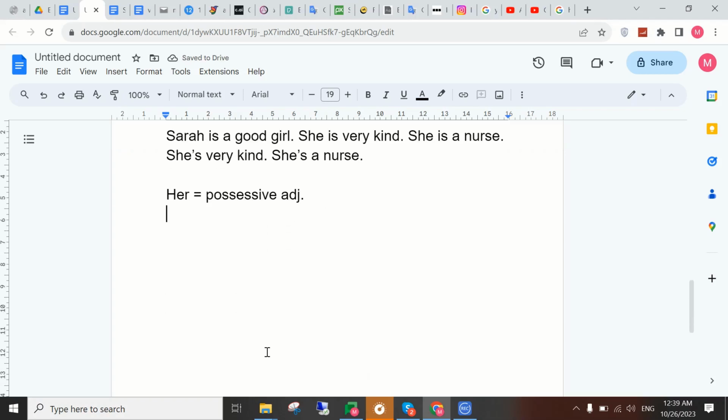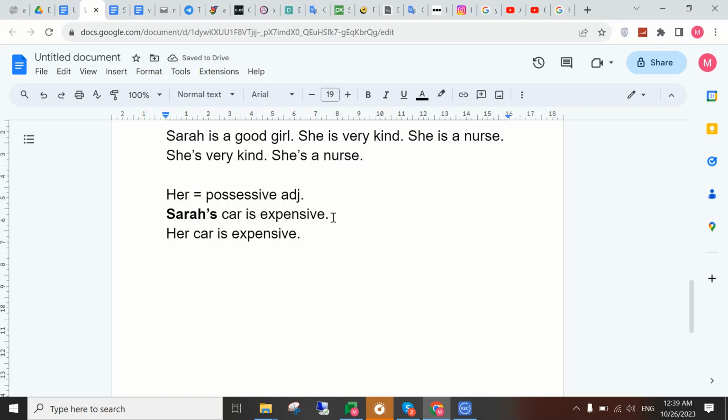For example, Sarah's car is expensive. Instead of Sarah's car, I can say her car is expensive, right?